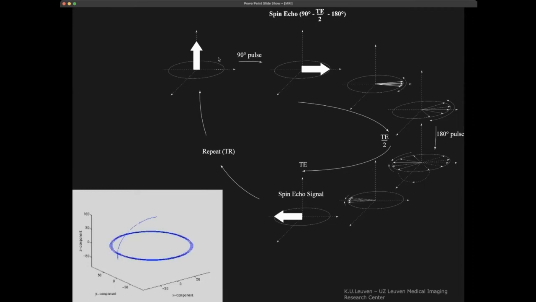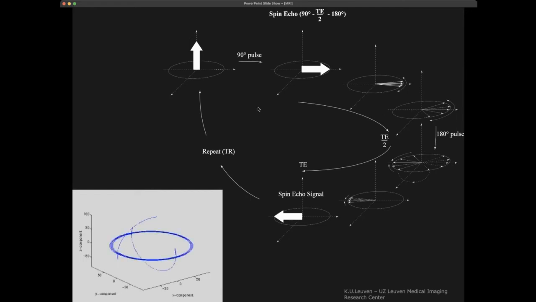The trick is that we first do a 90-degree pulse, we let them dephase, and at the moment that they are dephased, we suddenly change their direction by flipping them 180 degrees. So we have first flipped them into the XY plane.